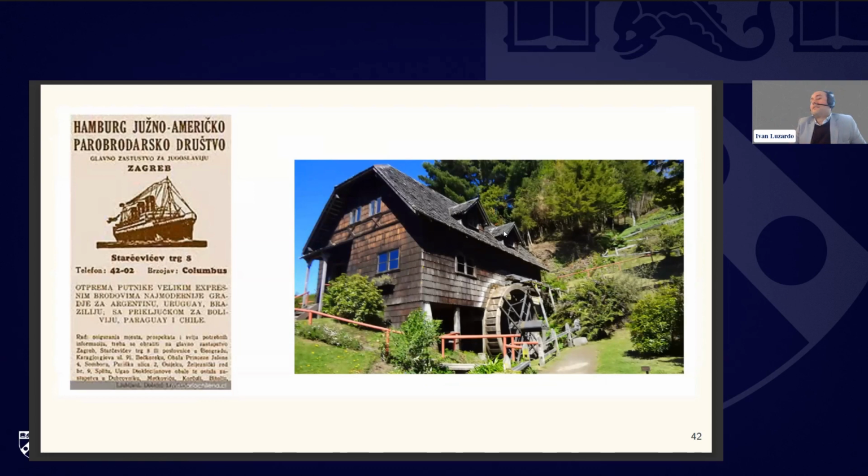I have also a couple of pictures for the case of Chile. So in the case of Chile, this is a poster to attract migration from Croatia. We know that the Croatian community is an important group in the case of Chile. Also, this is a house from the south of the country, basically just to illustrate the German migration in the south of Chile.